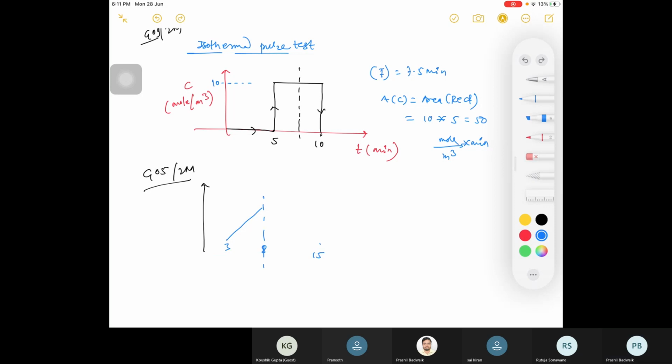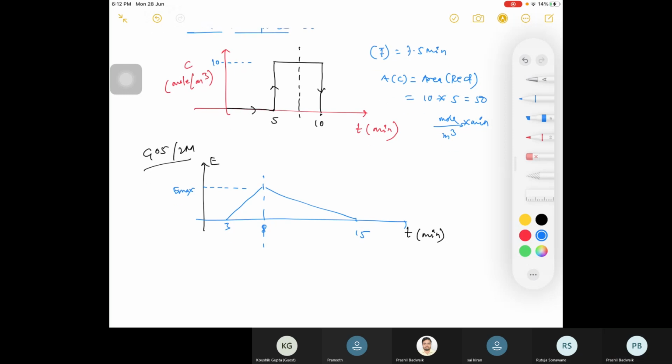So we are having 15 here. And on the y-axis you are having the E curve. This is your time in minute. This is your E max. Calculate your E max and T min. 2 marks question. E max is equal to question mark. Your T min is equal to question mark.